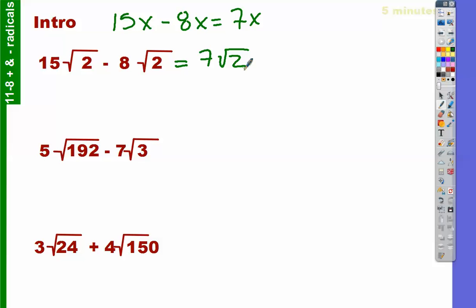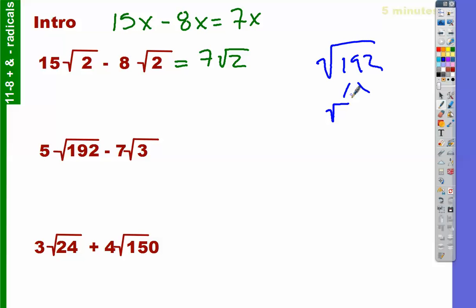So we have to take a look at the square root of 192. What goes into 192? Now, there's a very good bet that since we are being asked to subtract something that has the square root of 3, there's a good bet that 3 goes into 192.